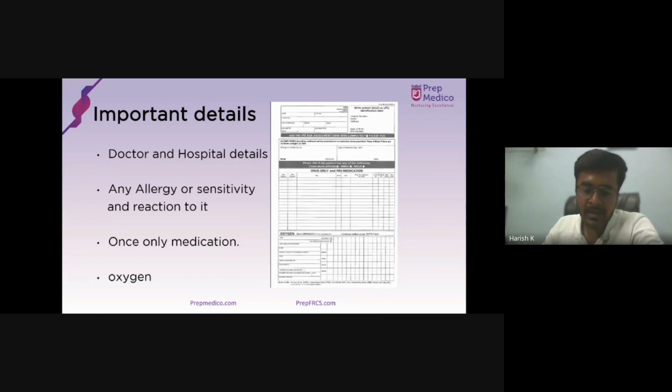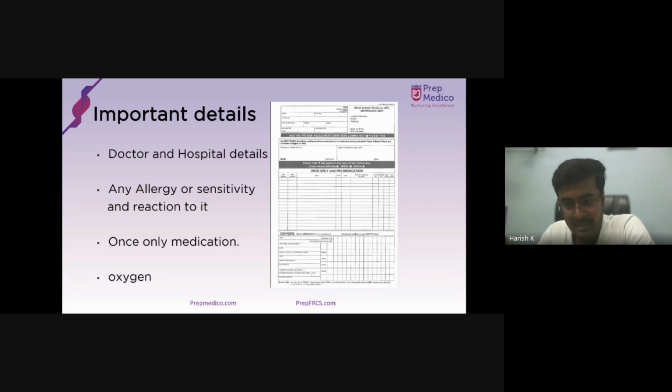Another important thing is how to check for the dose. Sometimes the dose may be given to you, or the dose is not given, but they have given you information about what condition the patient has, whether he has any infection or any disease. Once you have the diagnosis, you can use the BNF, open the index, and check for the infection.